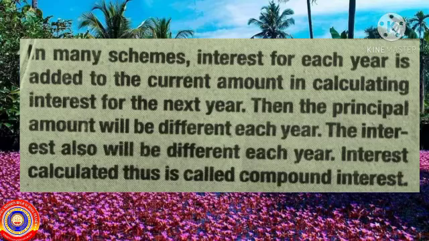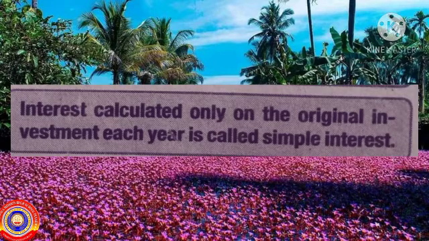In many schemes, interest for each year is added to the current amount in calculating interest for the next year. Then the principal amount will be different each year. The interest also will be different each year, and interest calculated thus is called compound interest. Interest calculated only on the original investment each year is called simple interest.